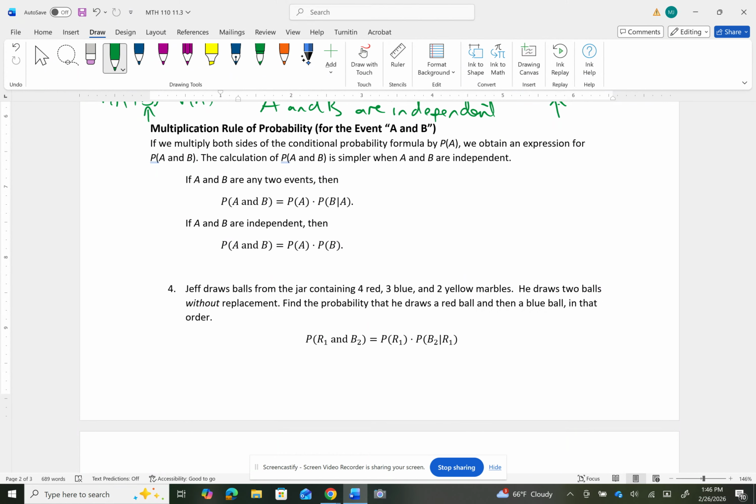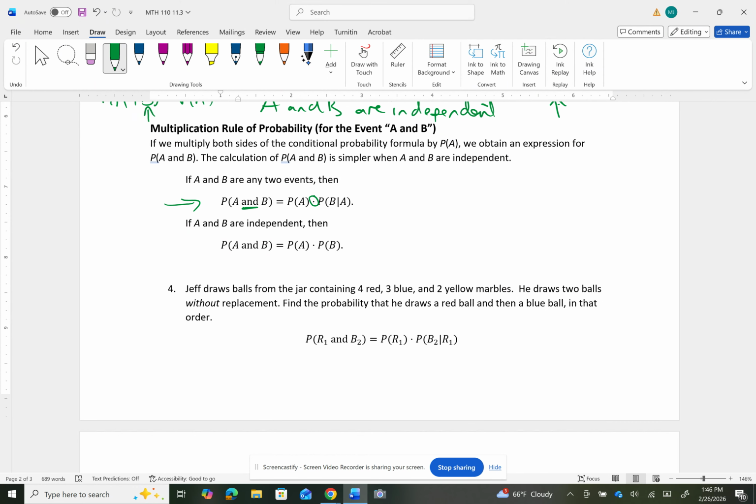But what I wanted to say is, if A and B are any two events, and you don't know whether they're independent or not, then this formula right here is the way you would calculate the probability of A and B. So when you're doing an "and" question, it's going to be a multiplication situation. It'll make more sense when we do an example in a second.